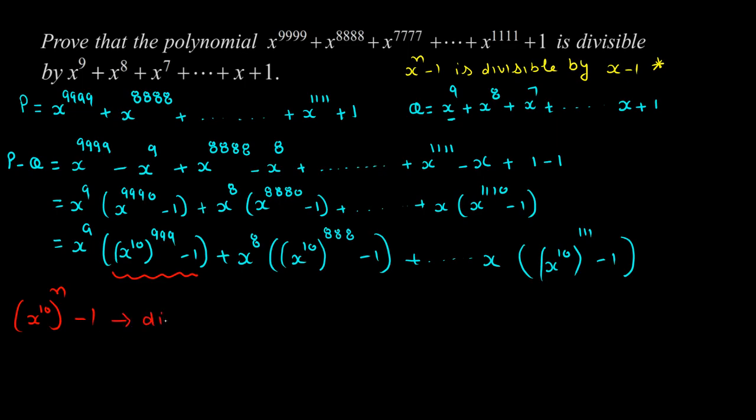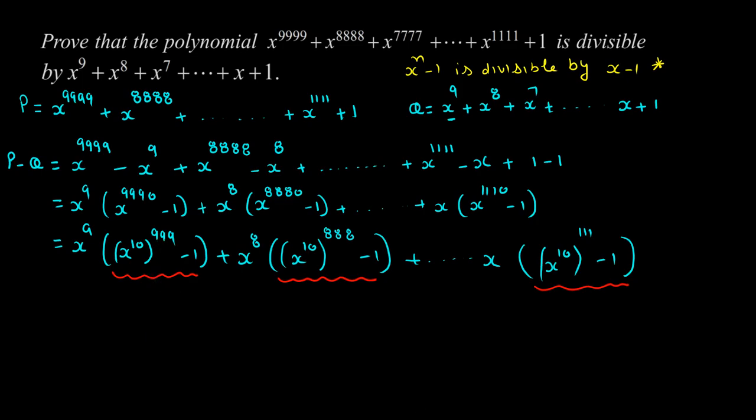This number is divisible by x raised to power 10 minus 1. Fine. So this factor and this factor, all these factors are divisible by x raised to power 10 minus 1.